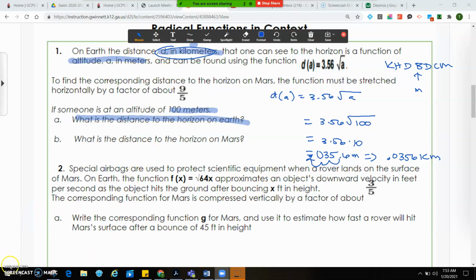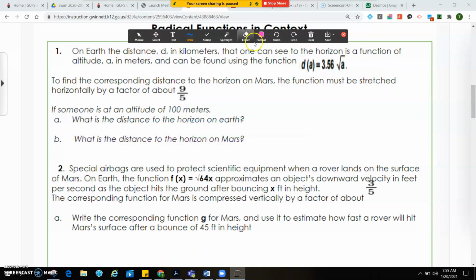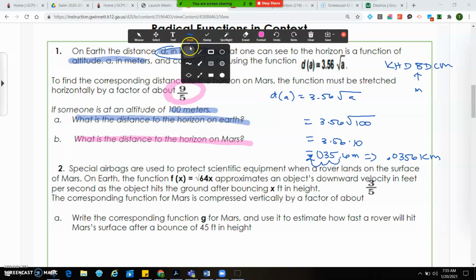Okay, so now we're going to actually find the distance of the horizon on Mars. And it says that you have a factor of 9/5. So what you're going to do here is take the original function. Okay, so d of a equals 3.56 up front, square root, and then you got a here.